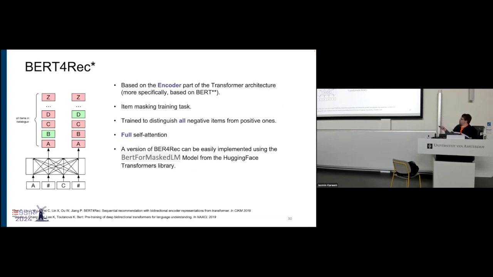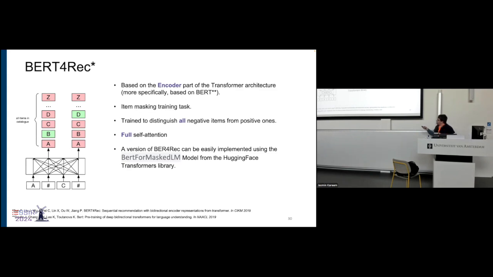So BERT is also half of the transformer architecture, the left half. So it's an encoder. It is trained a little bit differently. We take our sequence of user-item interactions, we hide some of them, just replace them with some special item. So we kind of add noise a little bit. And then we train the model to unhide them, to reconstruct the hidden items.